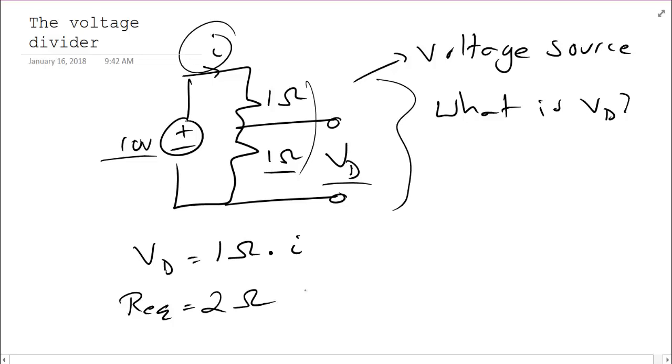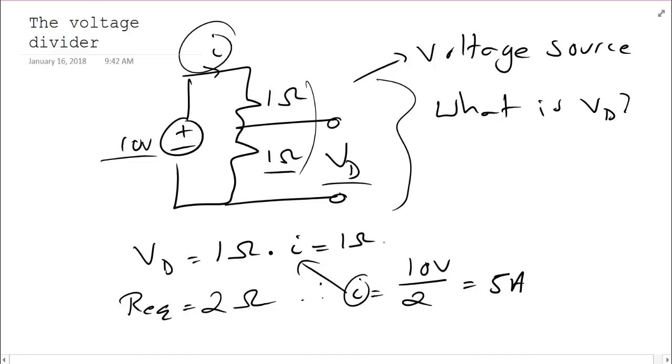The current then is going to be equal to 10 volts divided by the equivalent resistance 2 ohms, or 5 amps. I can now plug this back in here and see that VD is 1 ohm times 5 amps, or 5 volts. This is where we get to the name voltage divider. 5 volts is 10 volts over 2. In this particular case, we've divided the original voltage by 2.